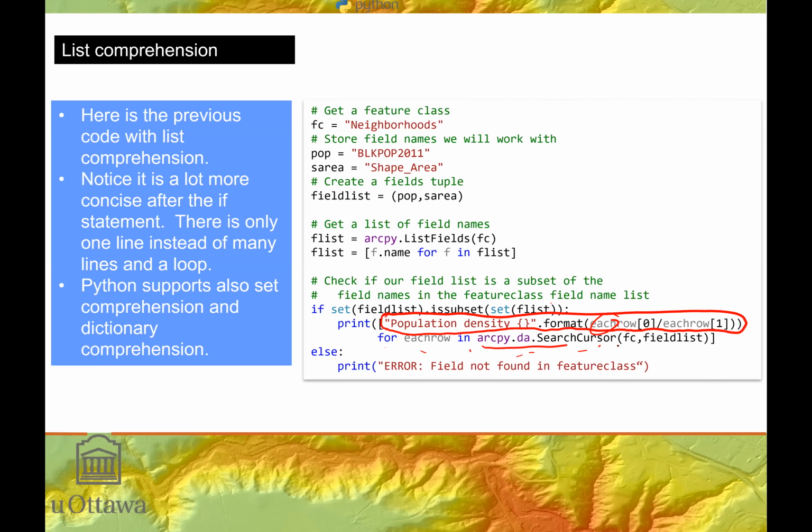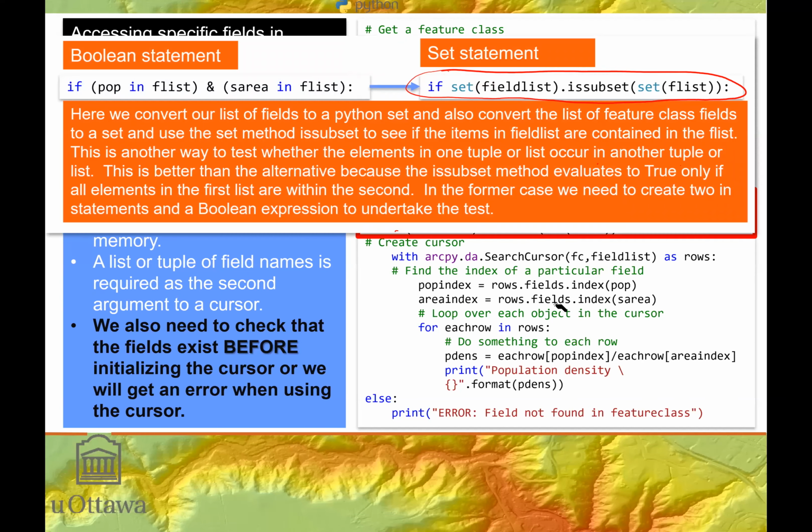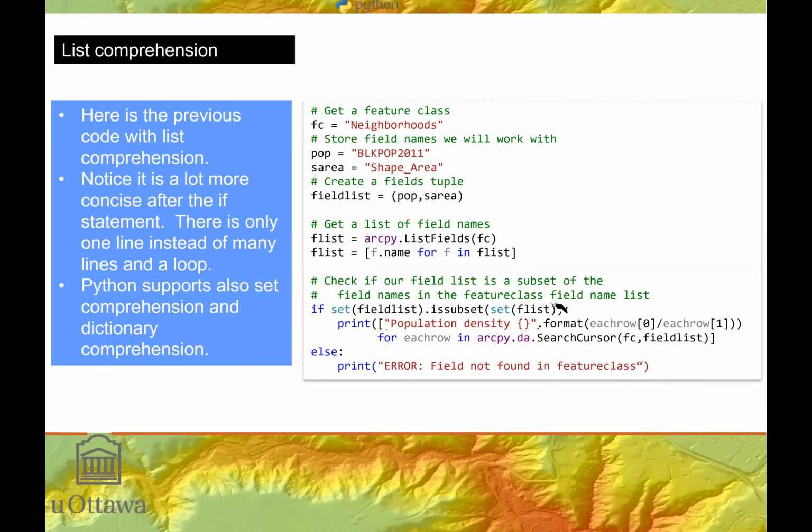Since the search cursor gives back an iterable, it can also go inside a list comprehension statement. So you can see how the code can reduce quite drastically from, again, that. So a number of lines to a much simpler, cleaner set of statements.